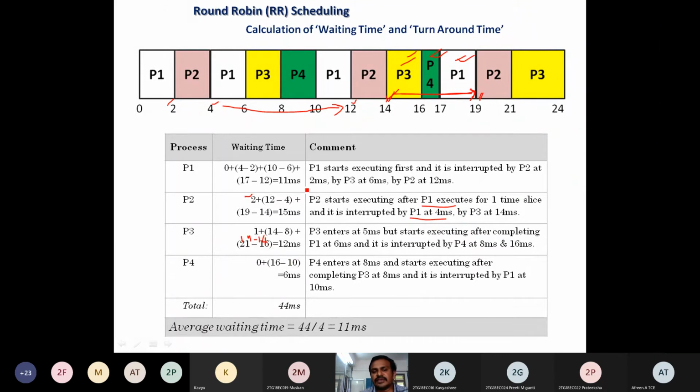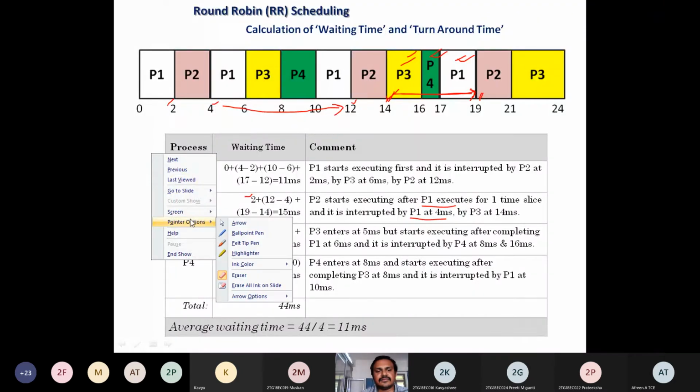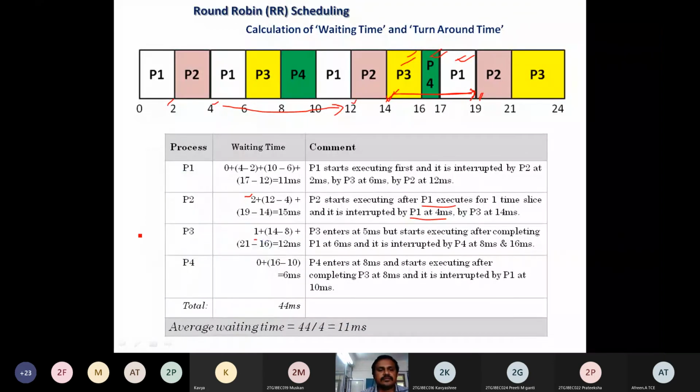So the overall waiting time here: once again it is 12 minus 4, then 19 minus 14. So the overall waiting time for P2 is 15 milliseconds.